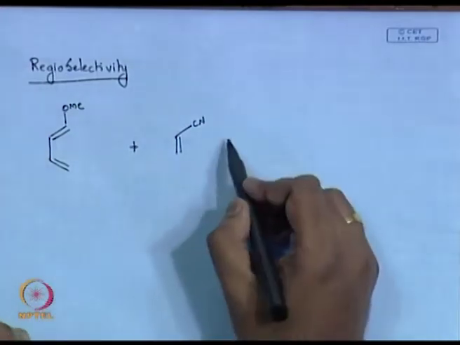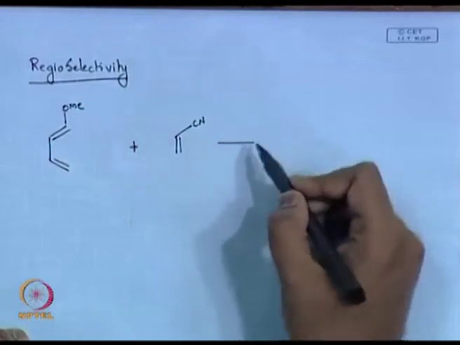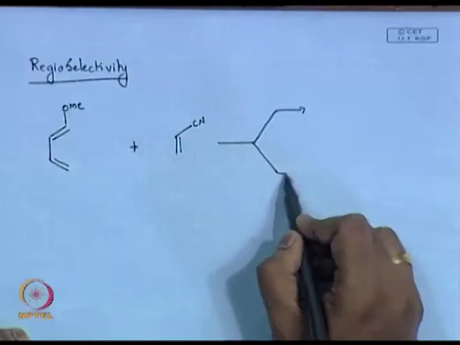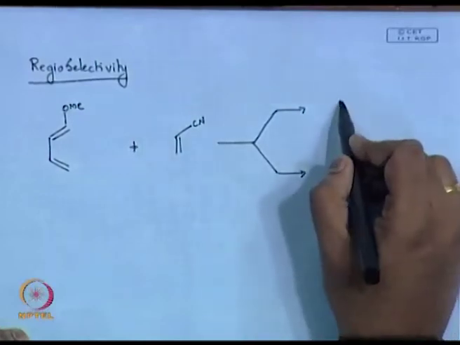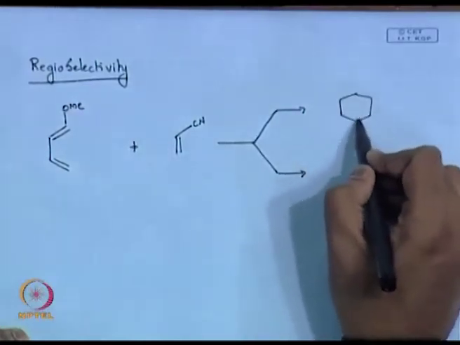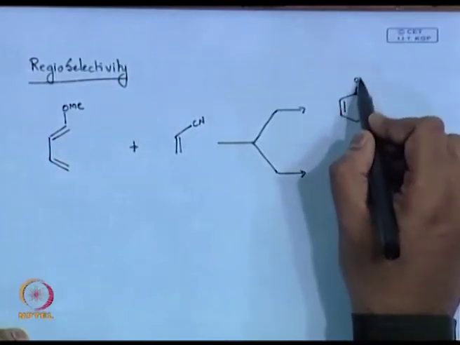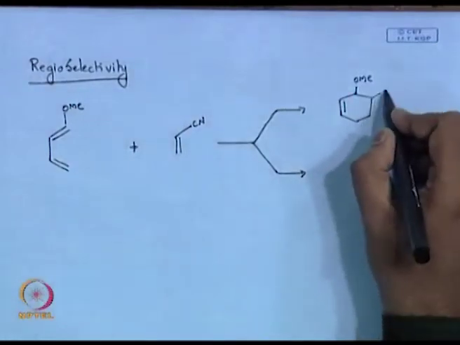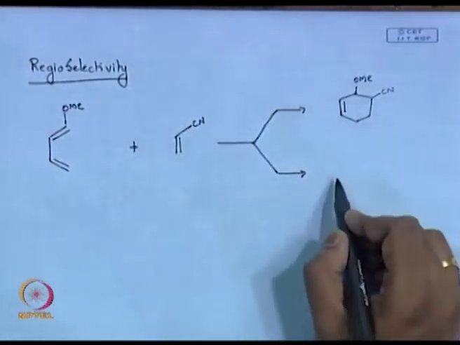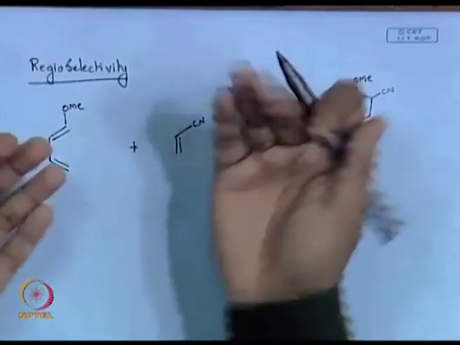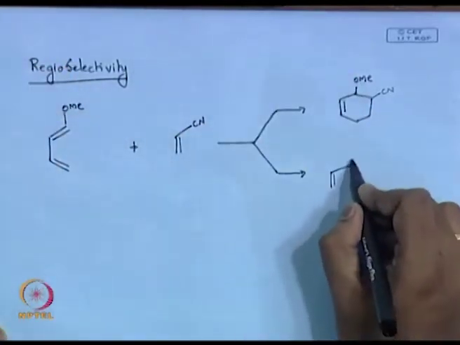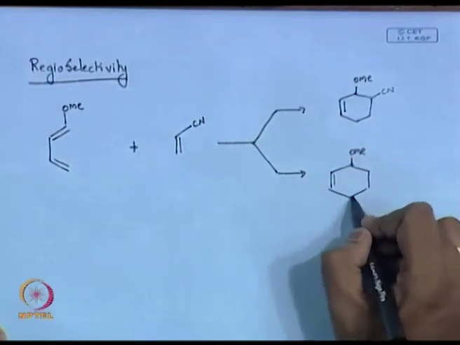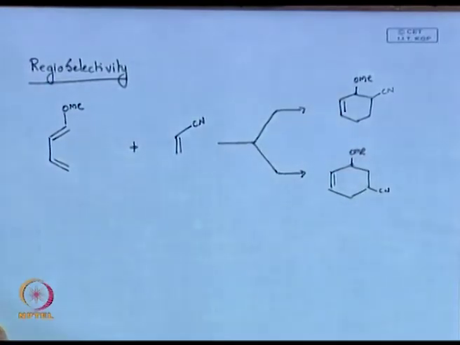Now, I can write two products again in this way. So, one, see, if this is going to form like this in the Diels-Alder reaction, I have my cyano here, or if it is inverted, the dienophile has cyano.